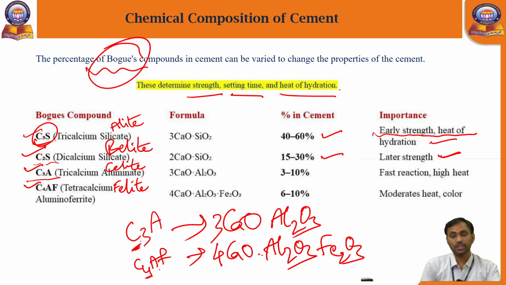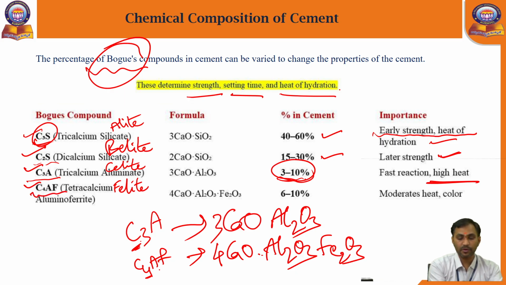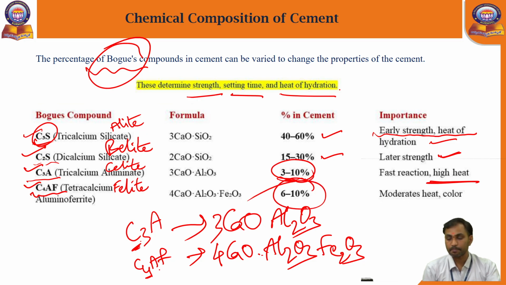C3A, tricalcium aluminate, at 3 to 10 percent in cement gives a fast reaction and very high heat. And C4AF, that is 4CaO.Al2O3.Fe2O3, at 6 to 10 percent is used for moderate heat and color. These are the chemical compositions of cement.